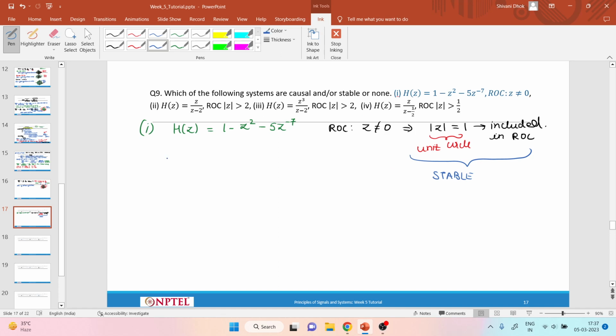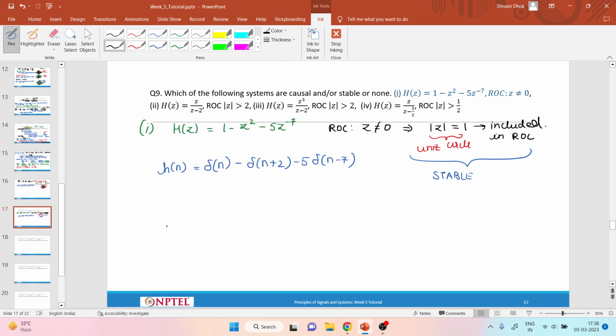Now let us look at this. We'll just try to find what is h of n. This one has inverse Z transform as delta n minus, using the time shift property, this has inverse Z transform as delta of n plus 2 minus 5 times delta of n minus 7.